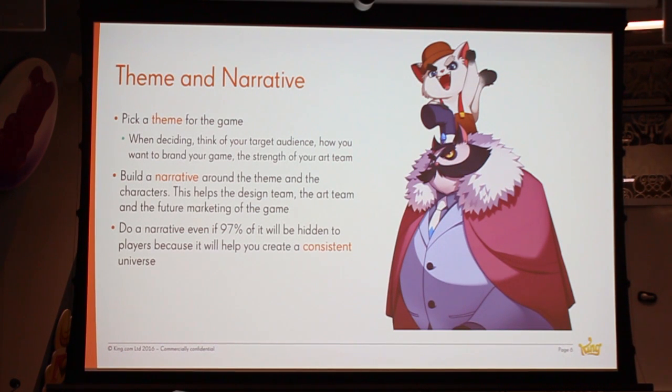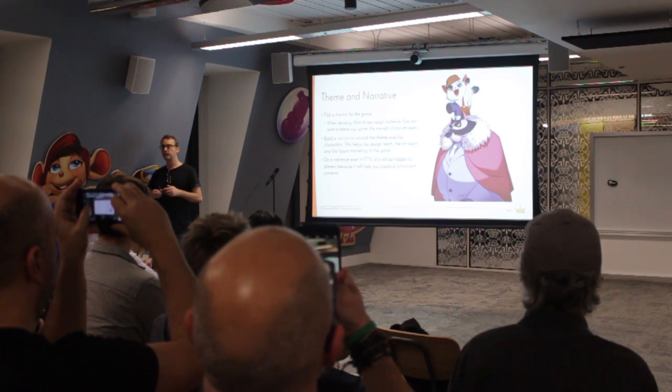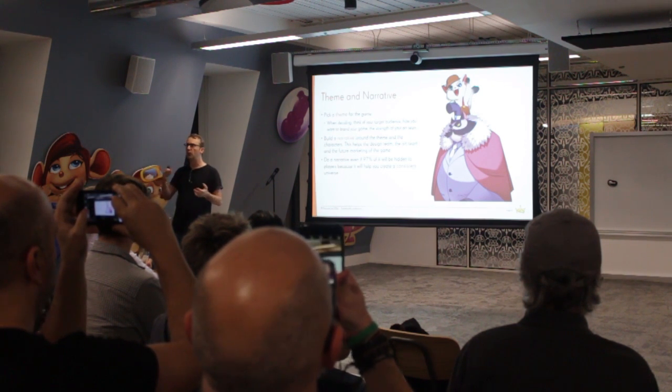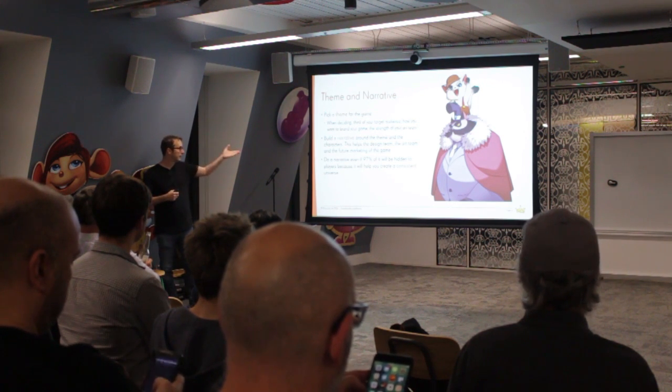Theme and narrative. In Shuffle Cats, we have a really awesome theme. Basically, you're part of a gang of cats, and you're prowling and playing cards on the rooftops in the 1920s. Very much a jazz feeling, swanky, ritzy, and we've got a cool cast of characters.